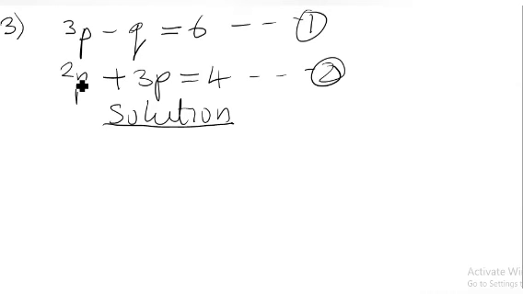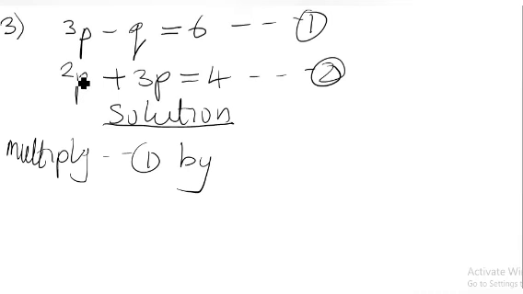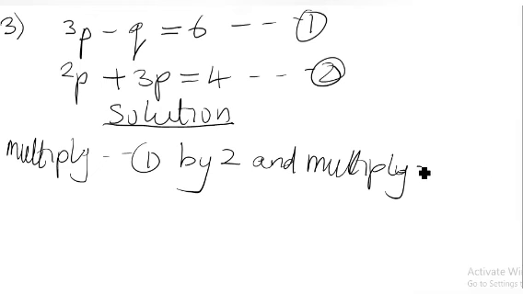So let's multiply equation 1 by the coefficient of p in equation 2, which is 2, and multiply equation 2 by 3, the coefficient of p in equation 1. This will give you the same number for you to eliminate.